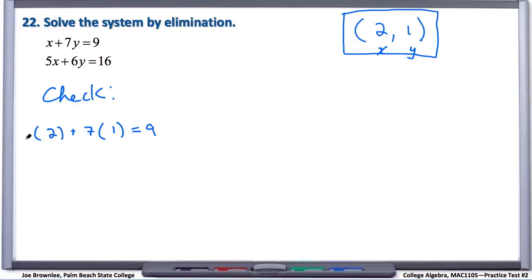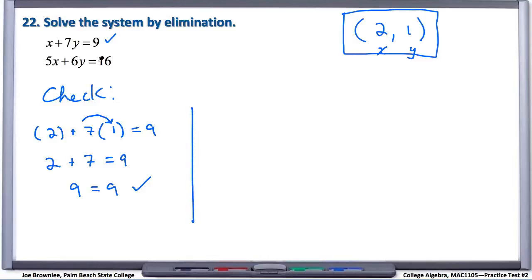Well, here there's no sign outside the set of parentheses that's going to change the sign of that 2, so those parentheses can go away. Here, positive 7 when we distribute it is just a plus 7 equals 9. We know 2 plus 7 is 9, so 9 equals 9. That is a true statement, and so we know the solution 2 comma 1 works in equation 1.